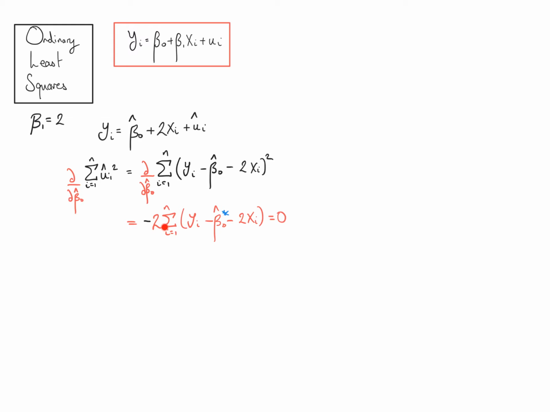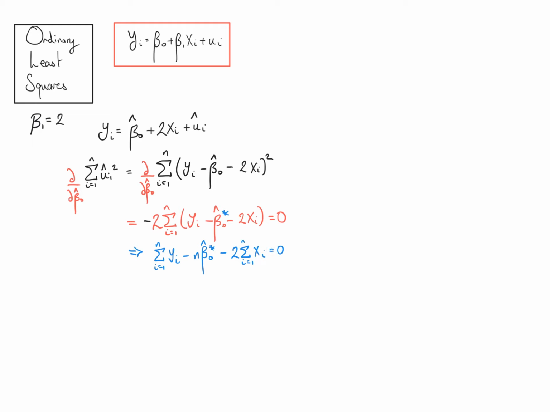Again, we can divide left and right by minus 2 to give us that the sum from i equals 1 to n of yi minus n lots of beta naught hat star, because beta naught hat is just a constant, minus 2 times the sum of xi is equal to 0.